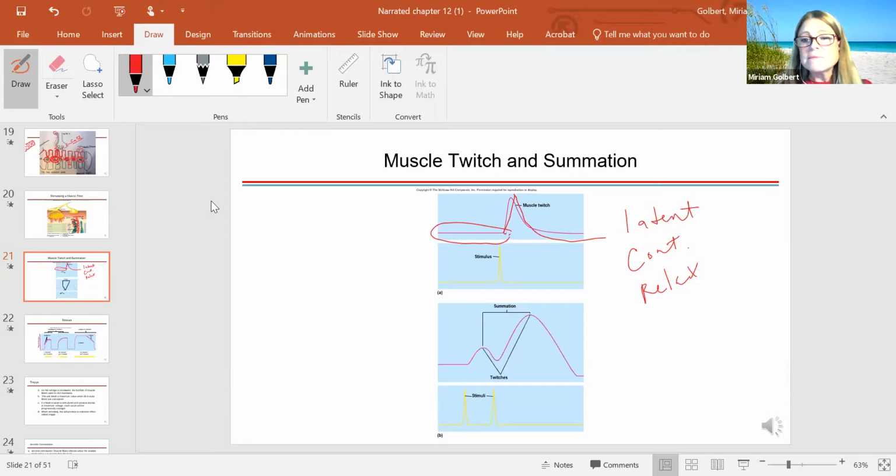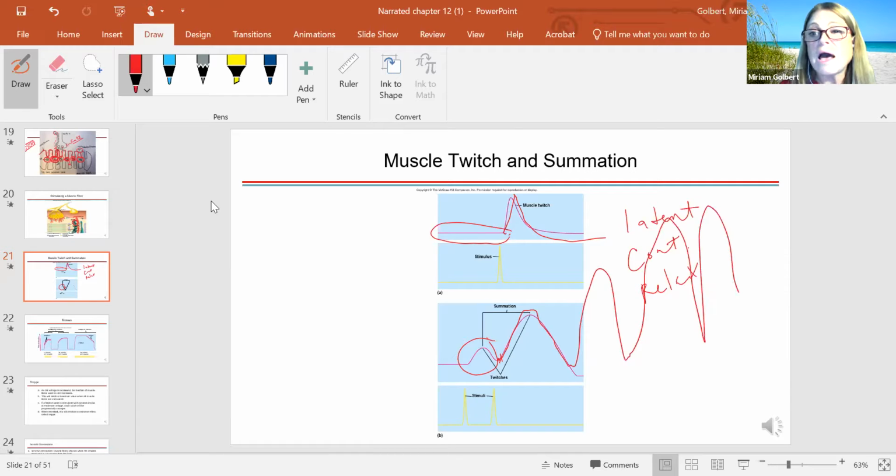Now, what you see in the middle, which is called summation, this is when you stimulate right after the relaxation of the first contraction. So here you have the first one, and right after you stimulate again, maybe with a stronger stimulus, you can tell that the contraction is a little longer, and you can keep going, and the contraction keeps going up to a point.